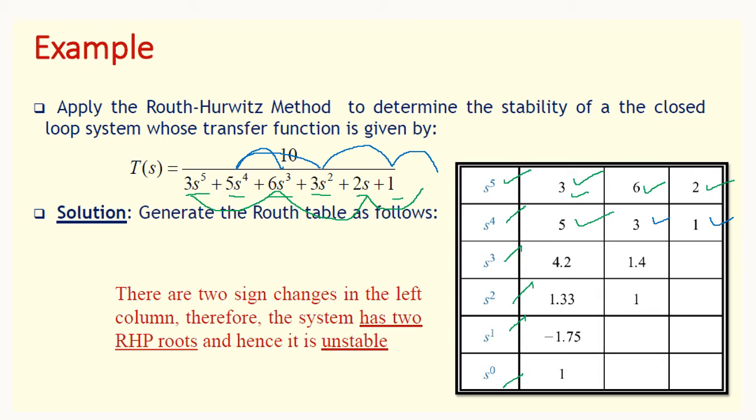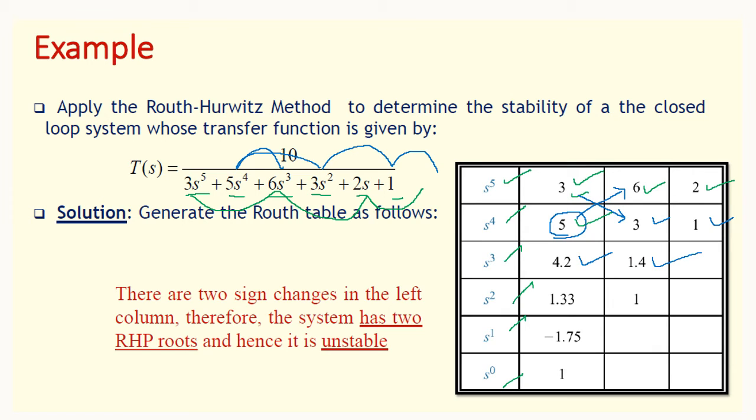And when I solve the first part, that is 5 into 6, which is 30, minus 3 into 3 is 9. So 30 minus 9, we have 21. 21 divided by 5, we get the answer as 4.2. Similarly, we multiply 5 into 2 minus 3 into 1 divided by 5. So we get the answer as 1.4, and we continue this.